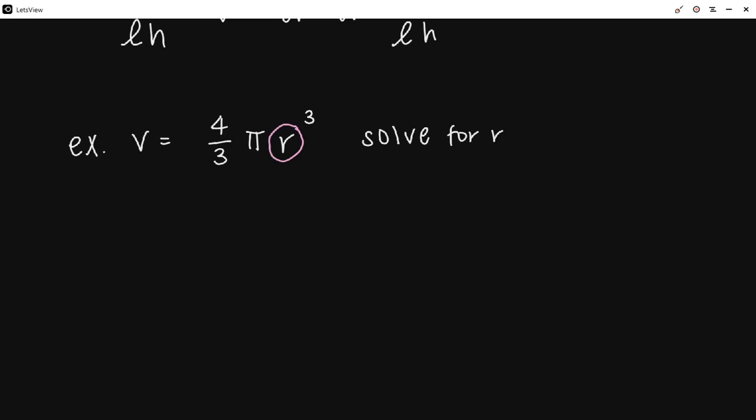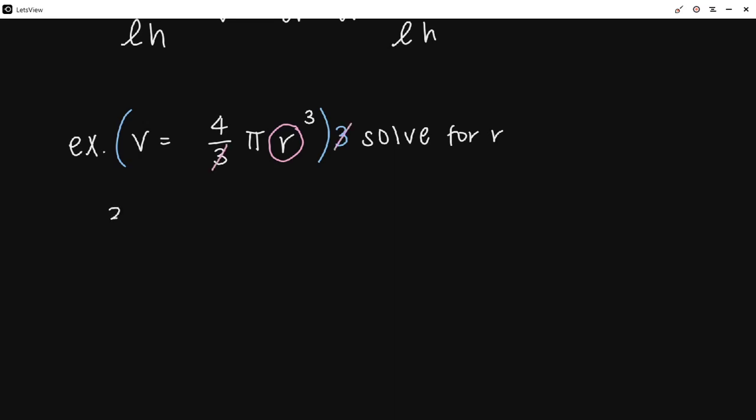So pi is a number. It is 3.14 and like all the other numbers after it. And we want to also get rid of the 4/3. What I like doing to get rid of fractions is I like first multiplying by the denominator. So then this will cancel out.